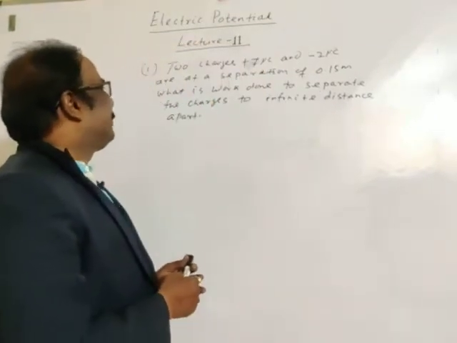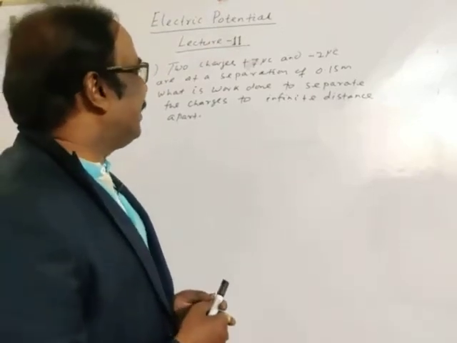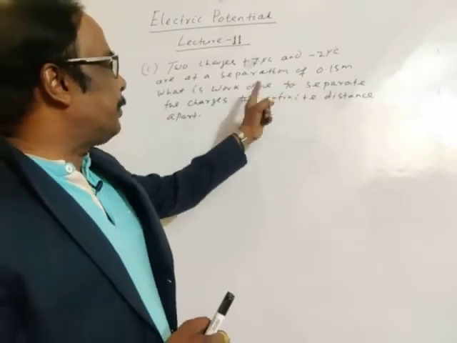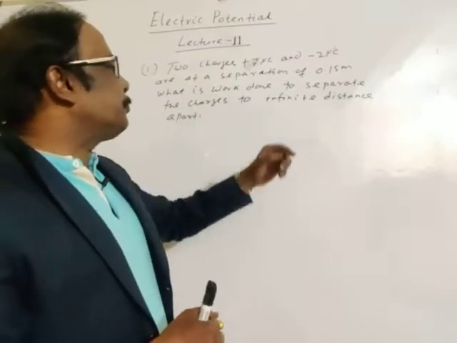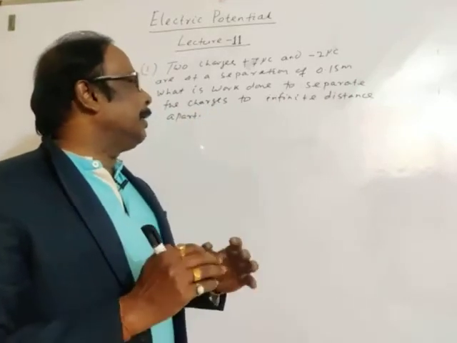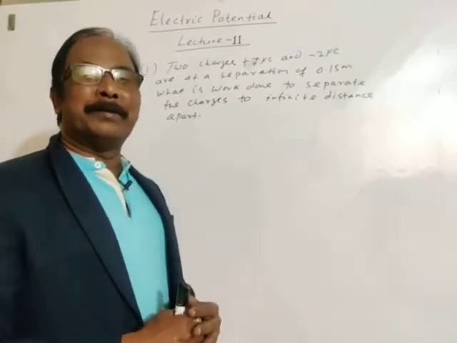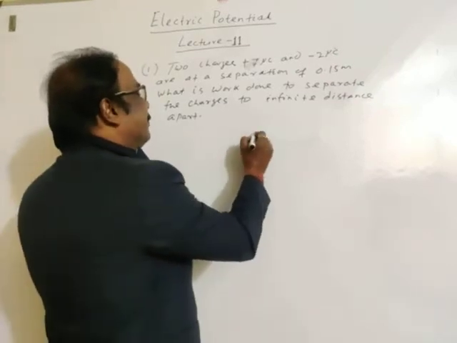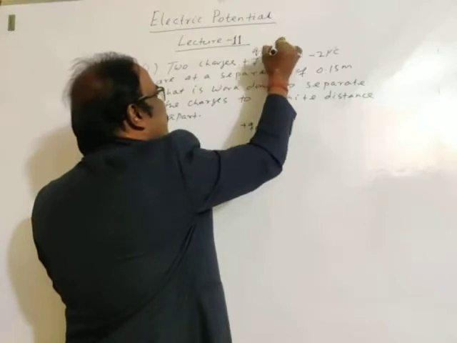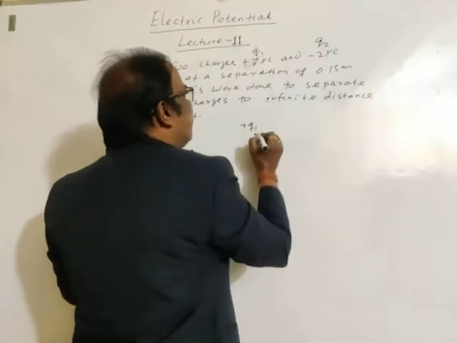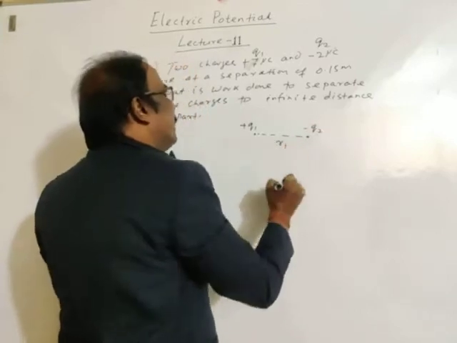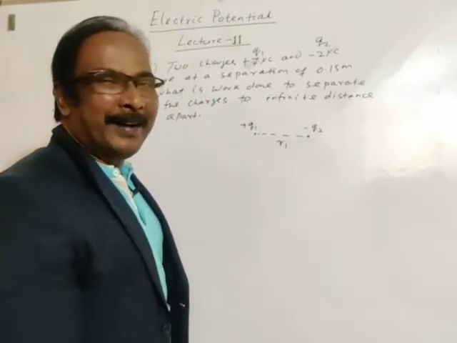Number 1: two charges 7 microcoulomb and minus 2 microcoulomb are at a separation of 0.15 meter. What is the work done to separate the charges to infinite distance apart? Initially, this is charge Q1, positive, and this is charge Q2, negative. Let the separation between them be R1.